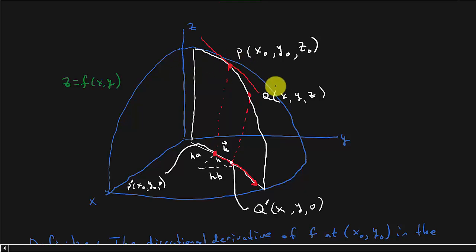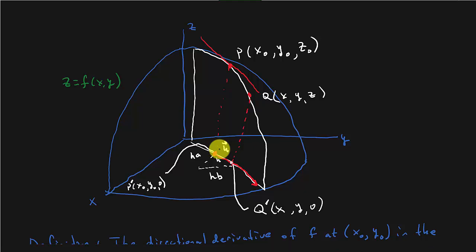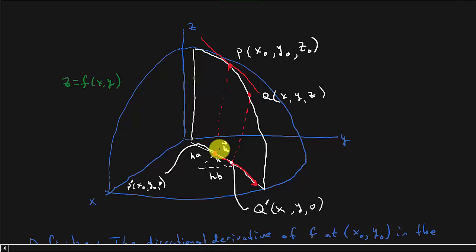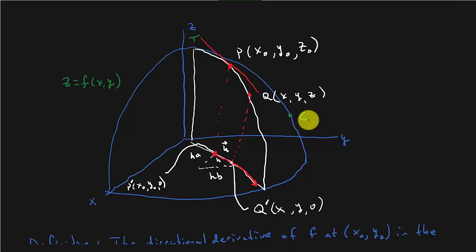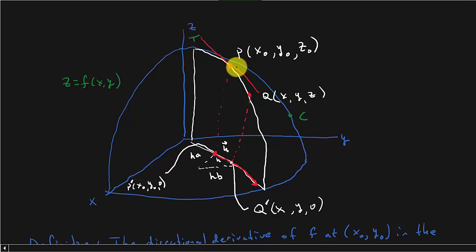There's a vertical plane that passes through P in the direction of our unit vector u. It intersects S in a curve C. The slope of the tangent line at the point P is the rate of change of z in the direction of u.